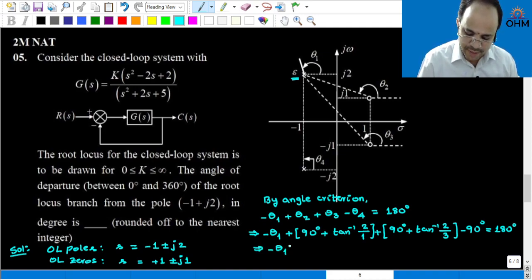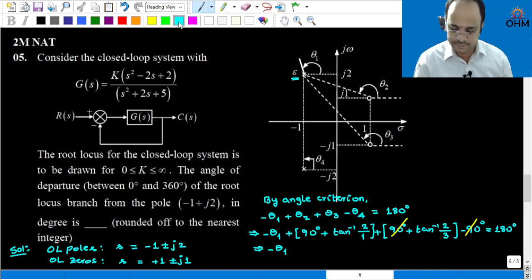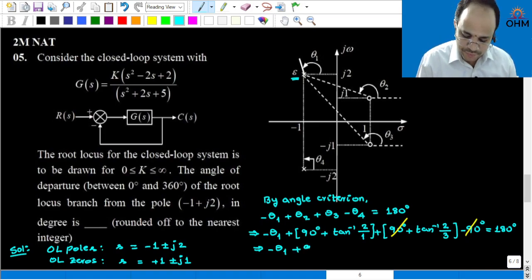Therefore, we can cancel the 90 degree here, and minus theta 1 plus 90 degree plus tan inverse 2, which is 63.43 degree, plus 33.7 degree is equal to 180.